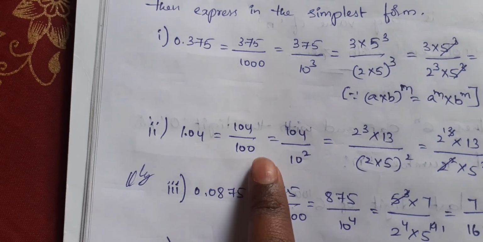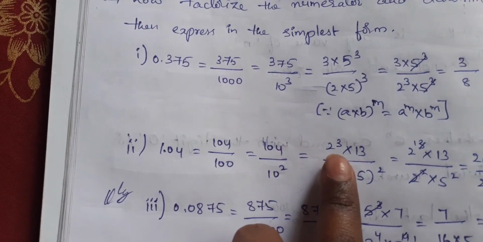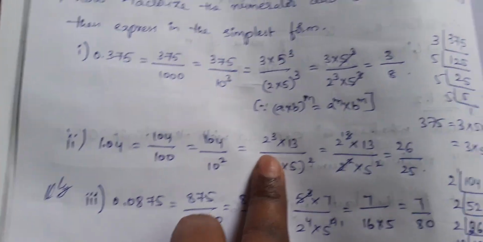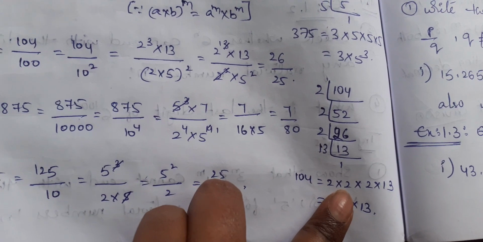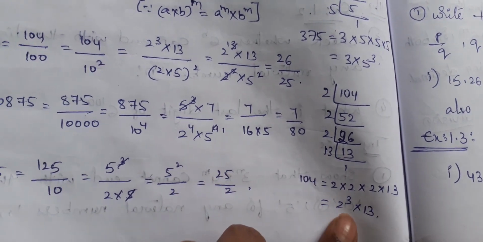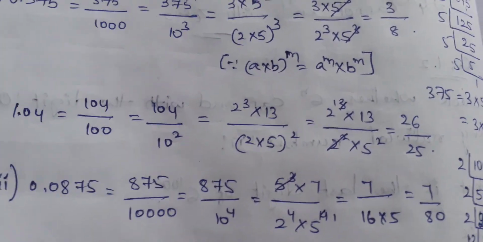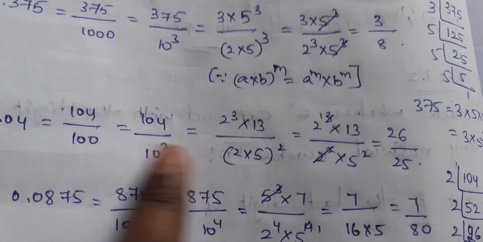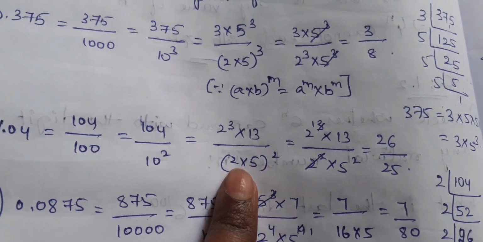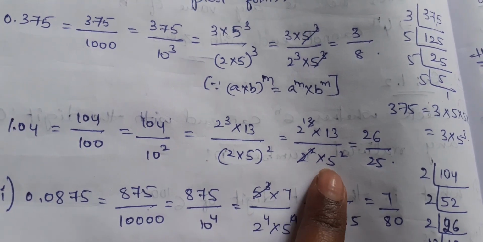Just like the first one, the second one also: 1.04 is 104 by 100, which is 104 by 10 square. This 104 I am writing as 2 power 3 into 13, that is, 104 is equal to 2 into 2 into 2 into 13. So 2 power 3 into 13 divided by (2 into 5) whole square, which is 2 power 3 into 13 by 2 square into 5 square.